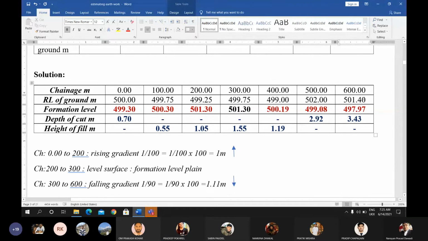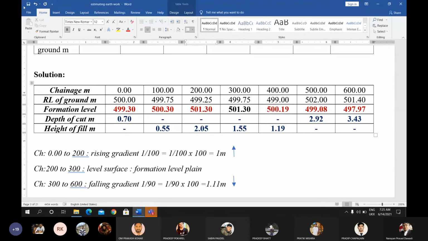Okay, third one, sir, 499.25 minus 501.20. Third one, write 05, so it is 2.05.